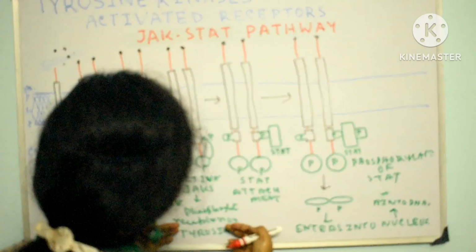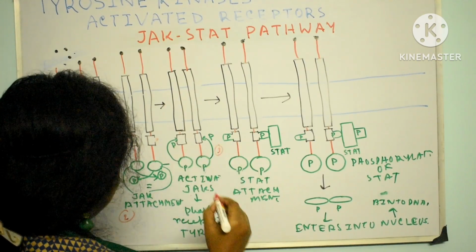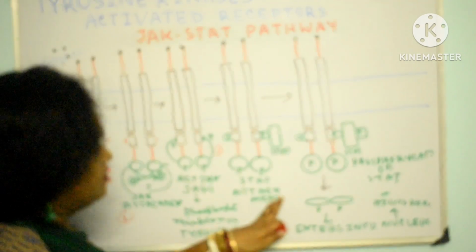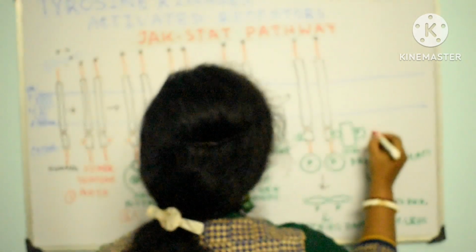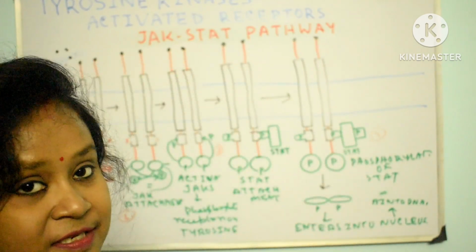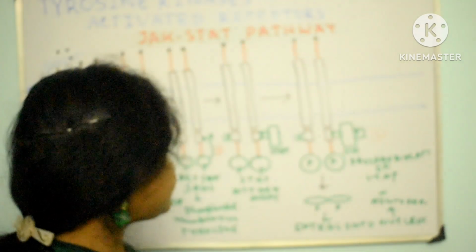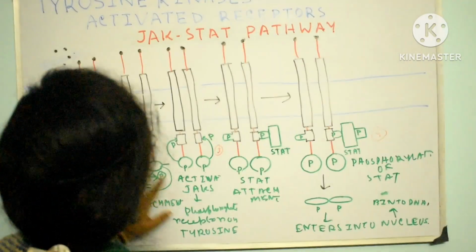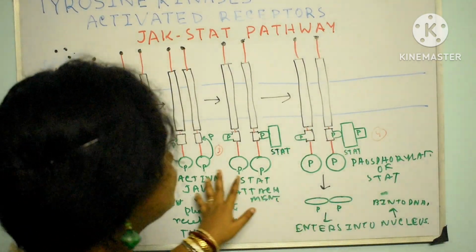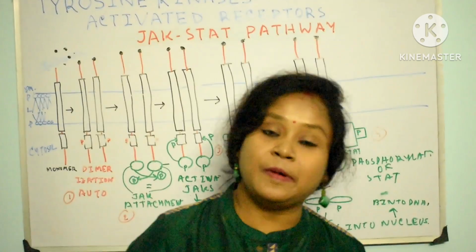Then the Jak phosphorylates the tyrosine residue, number 3. Then STAT attachment occurs, and here phosphorylation of STAT occurs. In total, 4 phosphorylations are done in the Jak-Stat pathway. And finally, this is all in a nutshell, in detail, the very important Jak-Stat pathway.